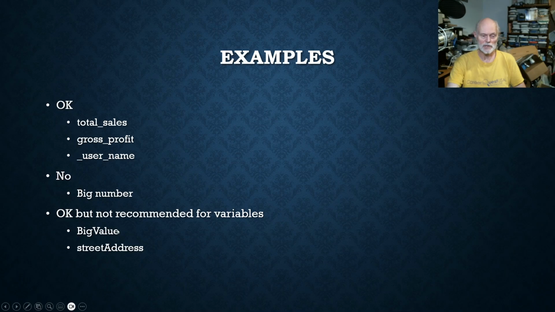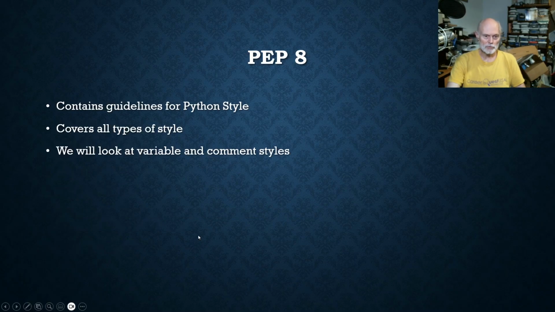So this would be Pascal case, and this would be camel case. For those standards and a lot of things, Python has something called PEP 8, and it is a style guide, and it covers essentially the way you're recommended to program in Python. It covers all types of styles, including how to name variables and how to do comments.